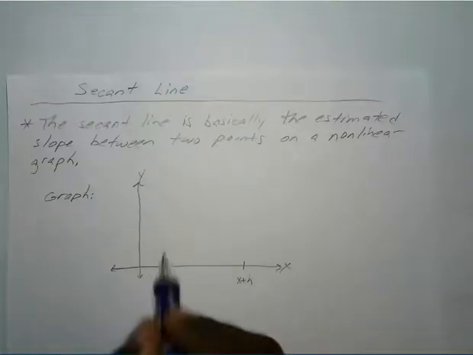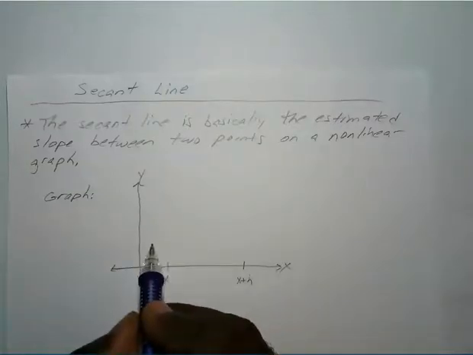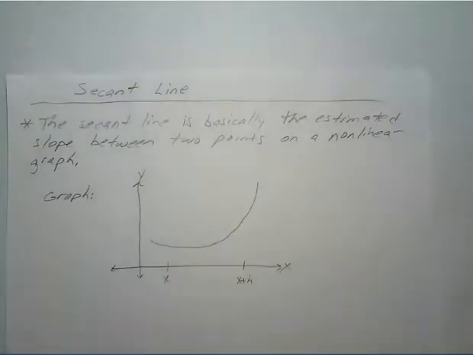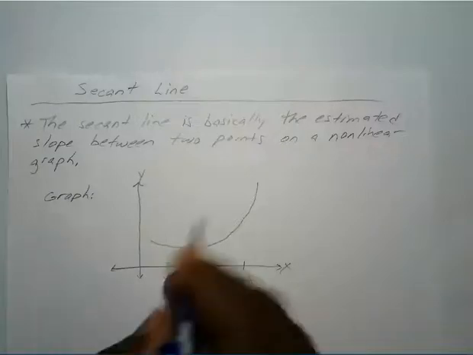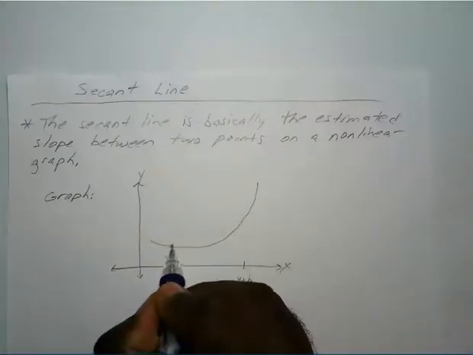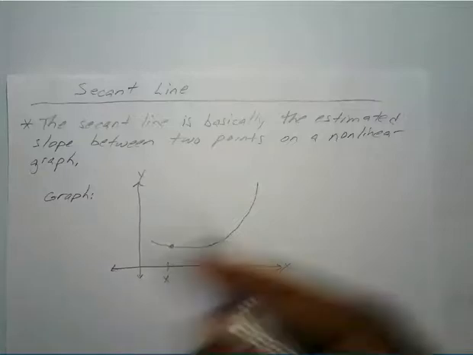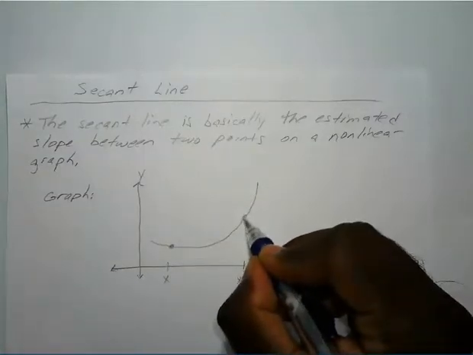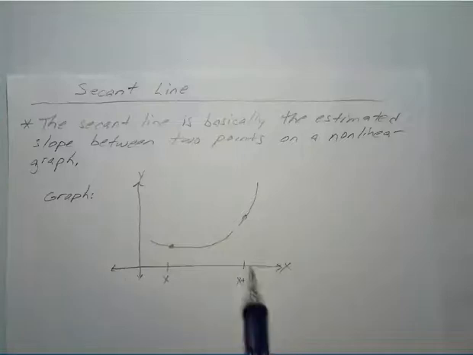Let's say our graph looks something like this. No specific graph, it works with almost any of them. So we have a point on the x-axis, and we have our point here for our X plus H, right above that point on the graph.